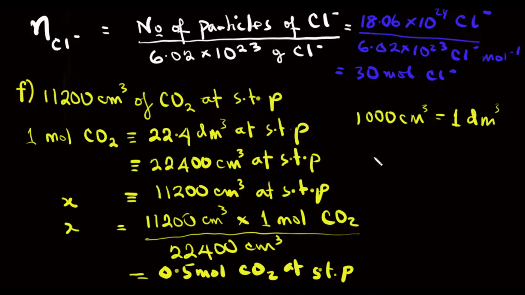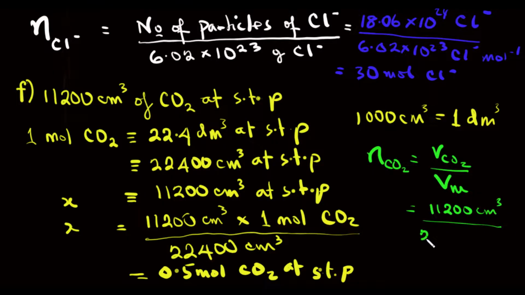Similarly, if we use number of moles of CO2 to be equal to volume of CO2 over molar volume at STP, this will be equal to 11,200 cm cube divided by 22,400 cm cube per mole at STP. So that gives us 0.5 mole of CO2.